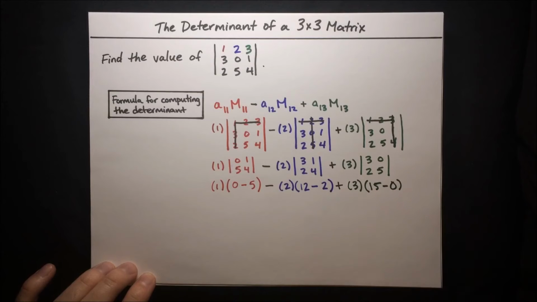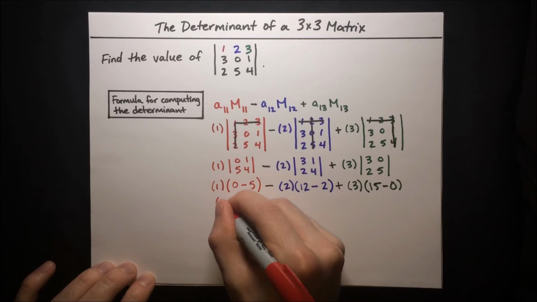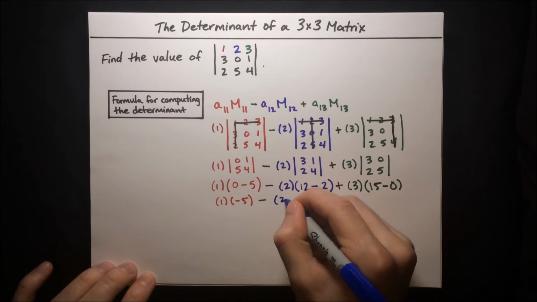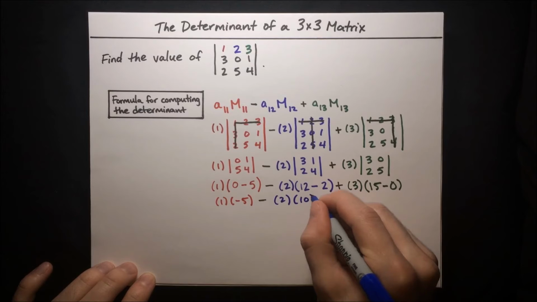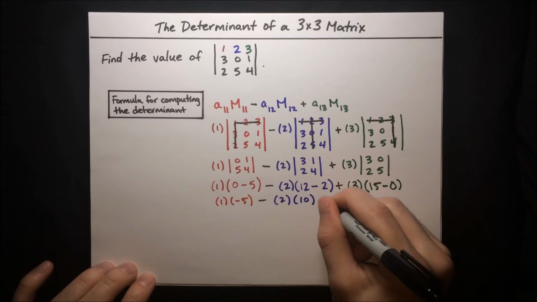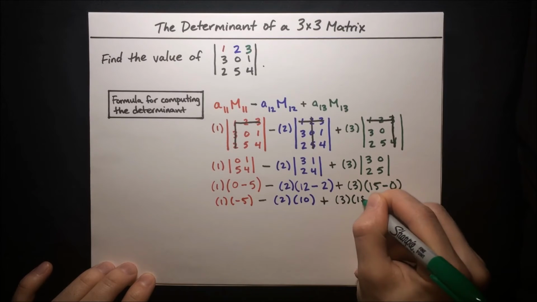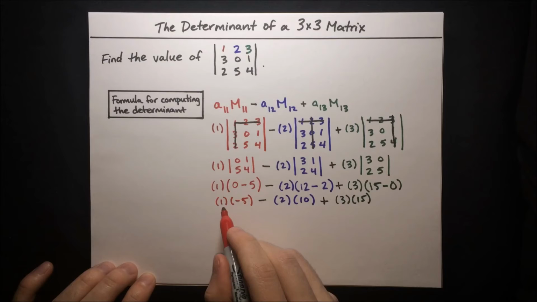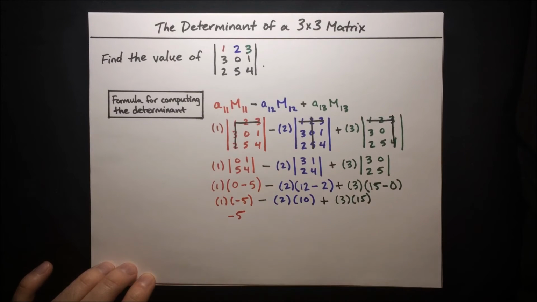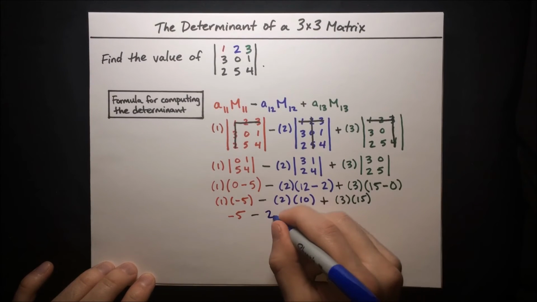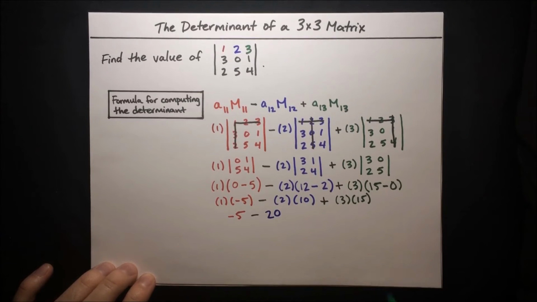And then we just simplify, so this is 1 times negative 5, and then minus 2 times 12 minus 2 is 10, and then plus 3 times 15, and that comes out to negative 5, and then minus 20, and then plus 45.